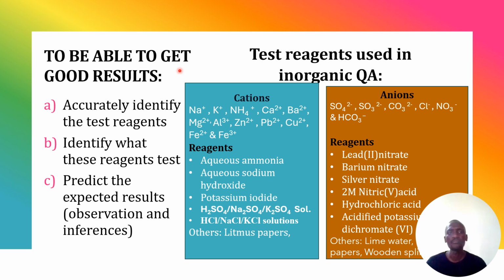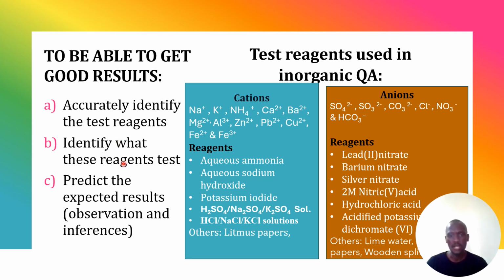Before a student carries out a practical, the student should know what is expected. The student should be able to accurately identify the test reagents provided, not only knowing them, but knowing what the reagents test, and should be able to predict before even embarking on a practical.